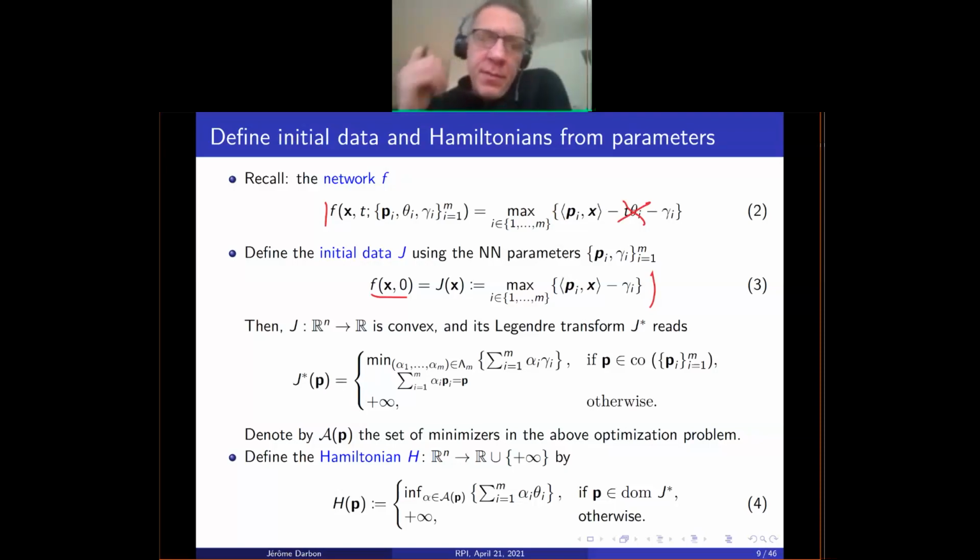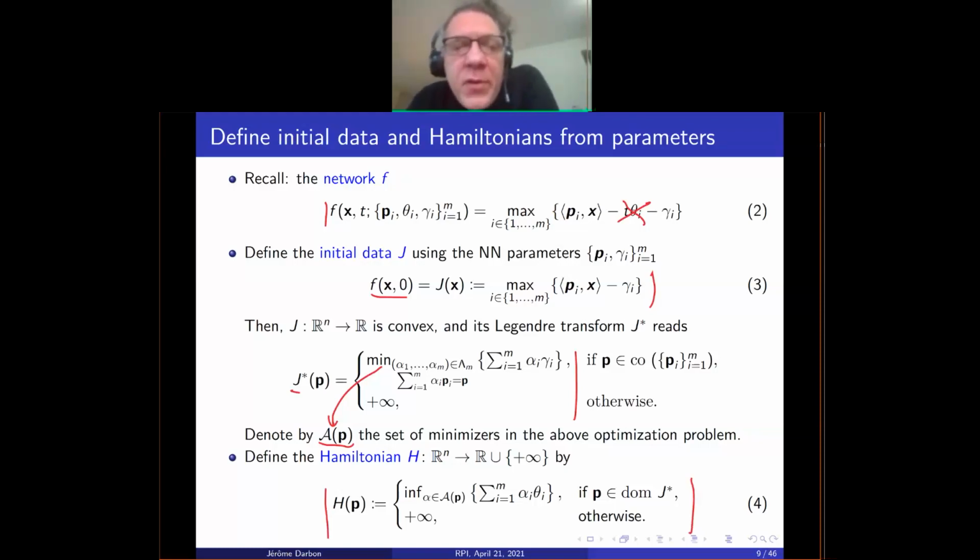Using the assumption that I had before, I know that the function j is going to be convex, and I can compute the Fenchel transform, and you have a representation of the Fenchel transform that is as follows. And if you consider the set of minimizers in the representation of the Fenchel transform of j, then you can create a Hamiltonian that reads as follows.